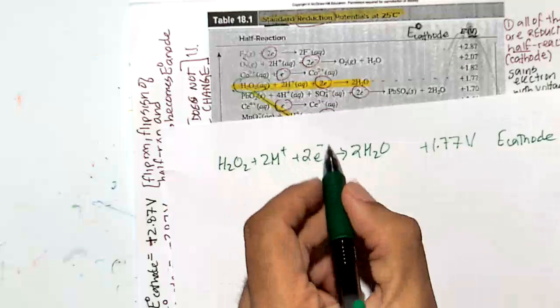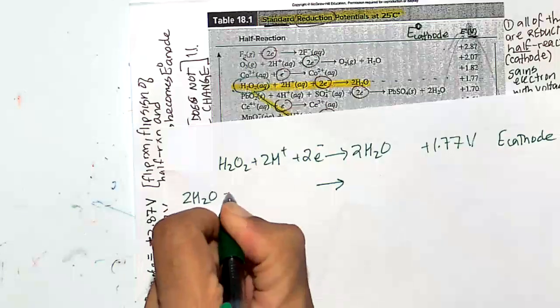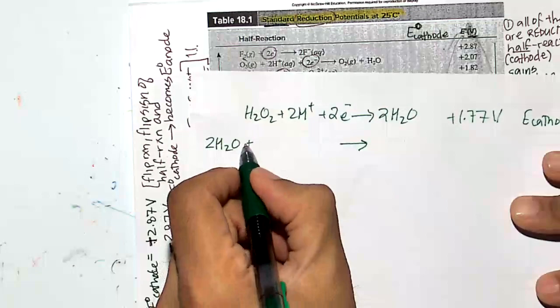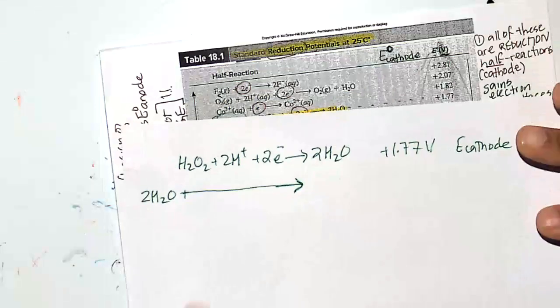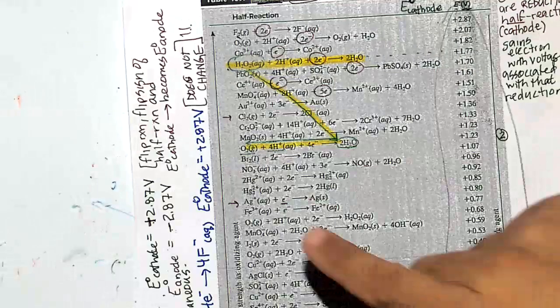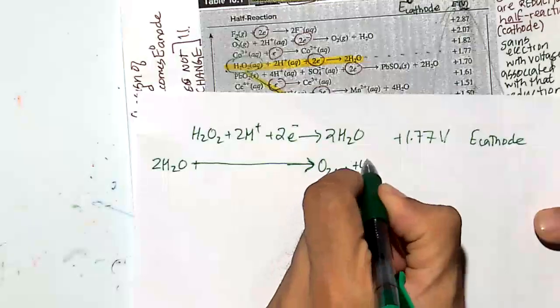Okay, I'm going to flip it. Plus 2H2. H2O goes to O2 gas. I'm just flipping this. Plus 4H plus 4E minus.